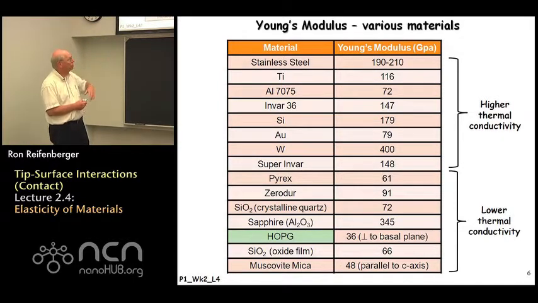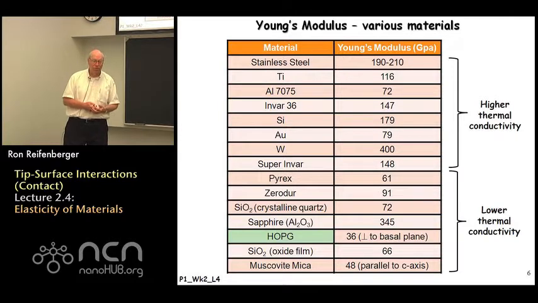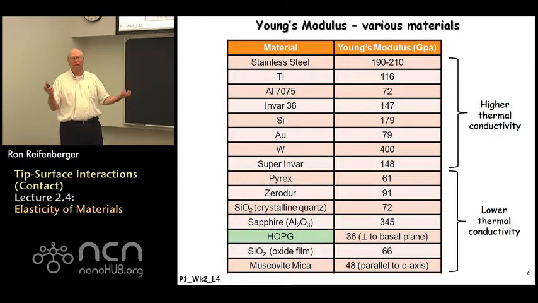So I just provide that list here. It might be useful for some of you to know about these numbers. They're sometimes a little bit more difficult to find than the modulus of, let's say, the elements.